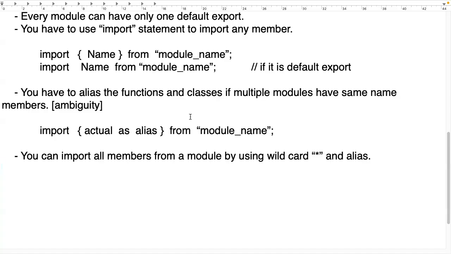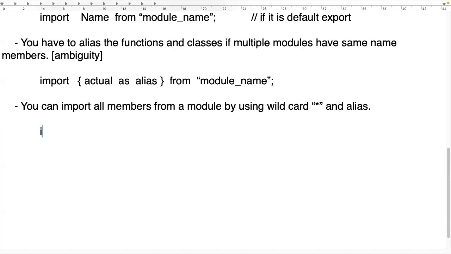So what is that? It is nothing but we have to import asterisk as library from the module name.